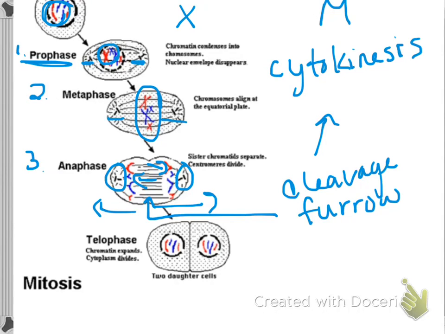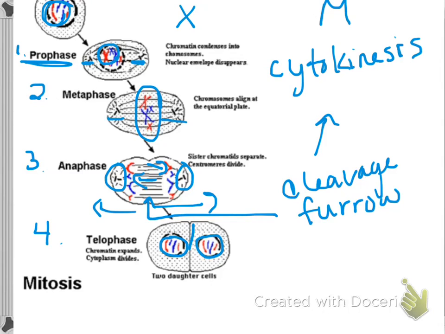So that occurs in late anaphase. And telophase is actually prophase in reverse. What occurs is that, as you can see right here, the chromosomes uncoil and relax and become chromatin again. The nuclear envelope starts to redevelop.